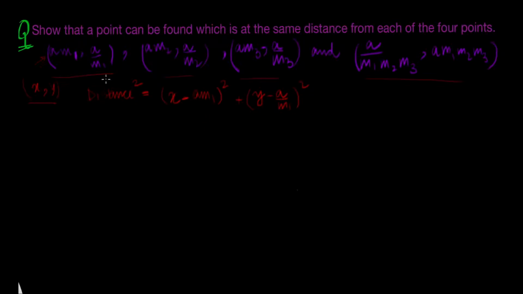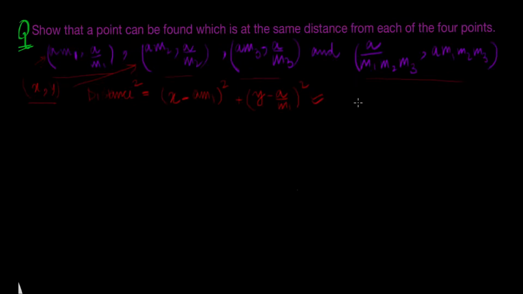And if you do that for the other points, you will still get a similar equation until the last point, which gives you a different form of equation because the values of m1, m2, and m3 are used in a reciprocal manner to what they were used before.